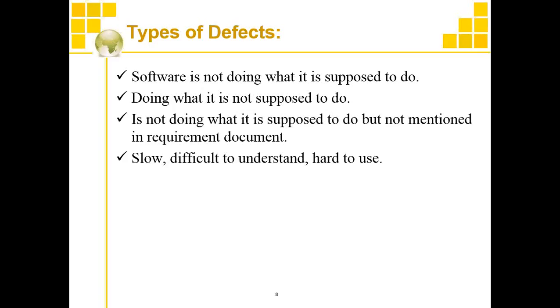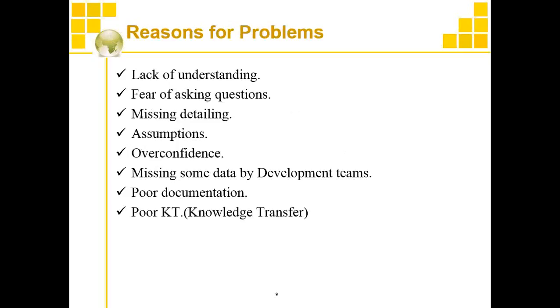Next we are covering the reasons for the problems: why defects occur in the application. That is the main point we need to learn here. Due to a lack of understanding, it is possible that the client requirement is not understood properly, and that is why defects come into the application. Other reasons are fear of asking questions, missing details from the client, wrong assumptions, wrong flows, and poor confidence, and missing some data on the development team side.